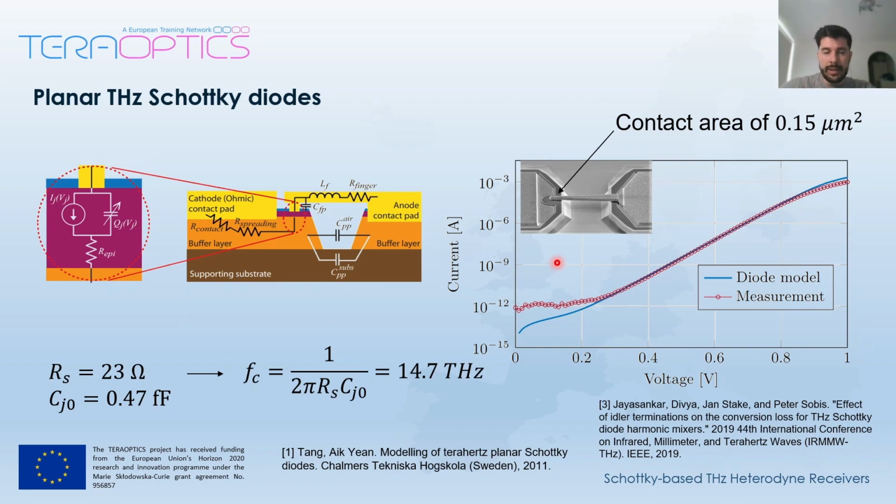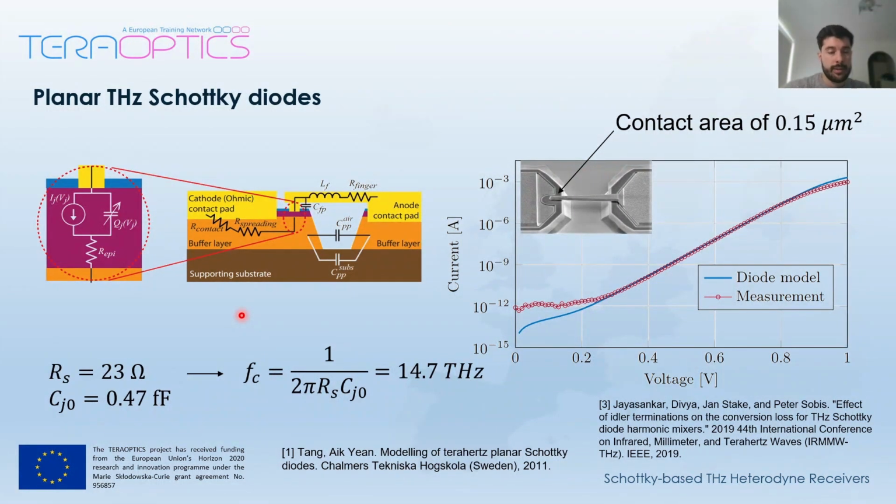Here we can see an example from Chalmers University of a Schottky diode of those characteristics. That's a scanning electron microscopy image, and the Schottky contact area in this case is only 0.15 micrometers squared. So this is an extremely small contact area.